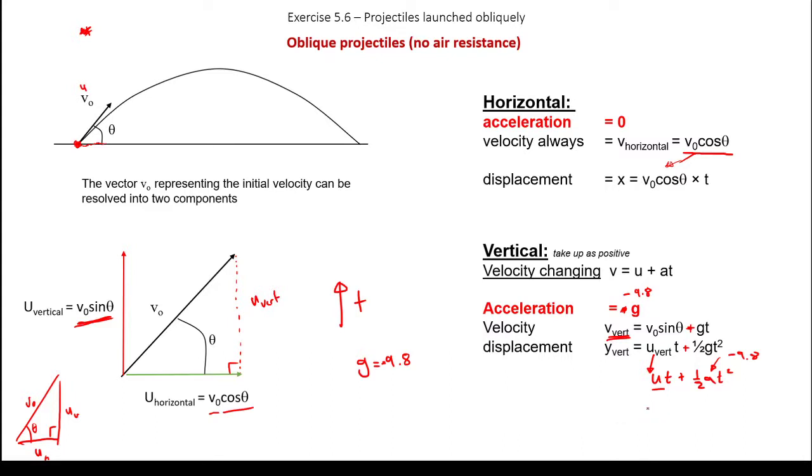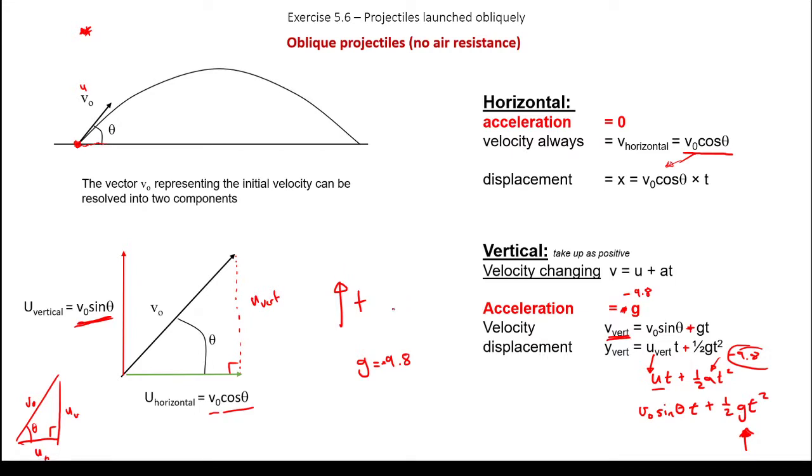We may as well write this in full. We get v0 sine theta t plus half g t squared. And the big thing, I know I keep harping on about it, but to be correct, because it's very common, g is negative 9.8 because we've taken up as positive.